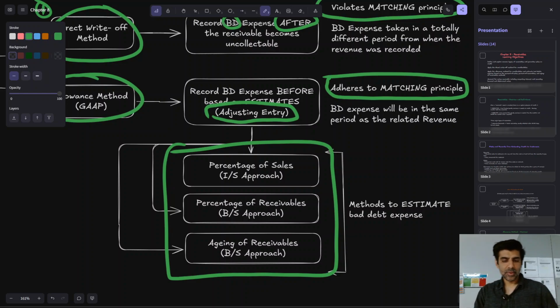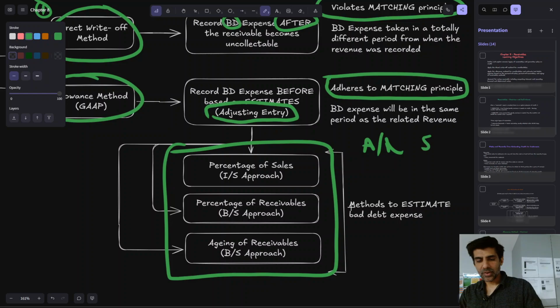Let's say accounts receivable at the end of the year was $500, or 500,000, I guess. How much of this should we assume is uncollectible? What is a reasonable way to estimate how much we're not going to collect?